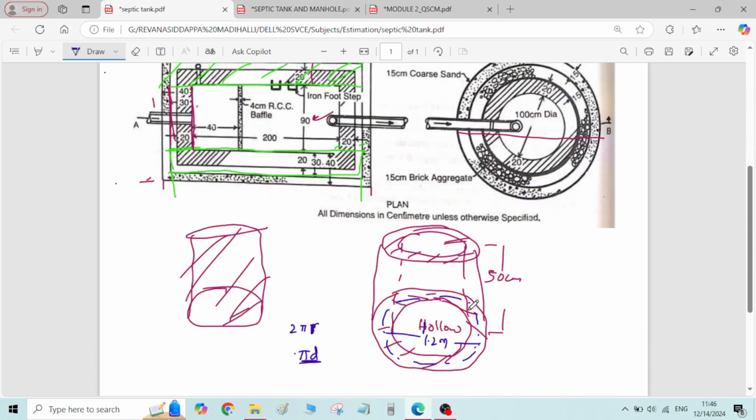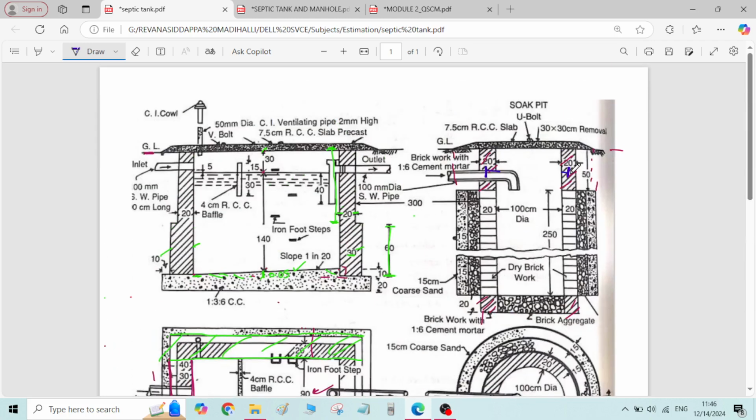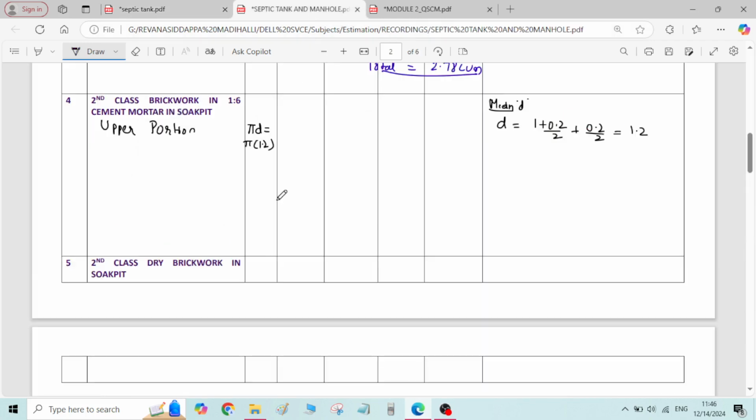The total length of the circle is multiplied by the thickness, the width. It has a thickness of 20 centimeter, 0.2 meter. Let me write. Number is 1. Pi into 1.2 and thickness is 0.2 meter.